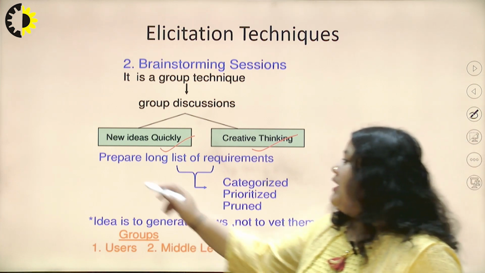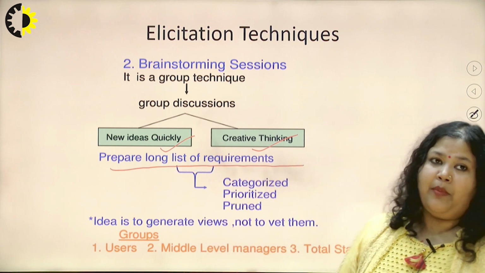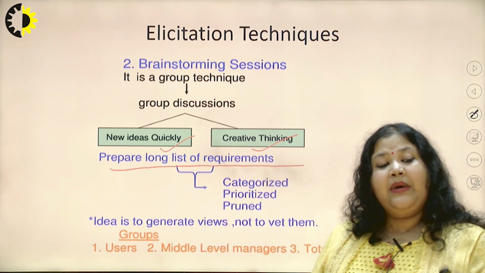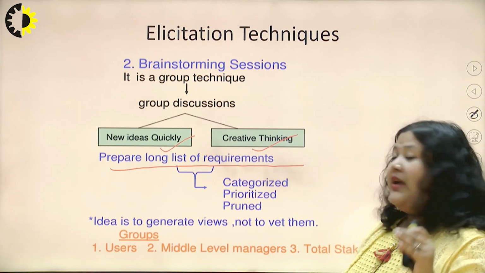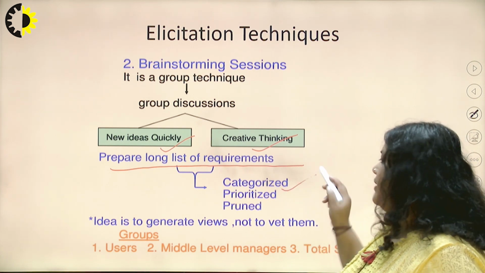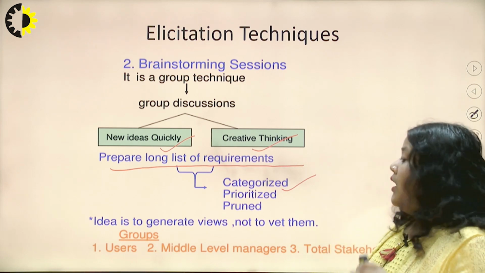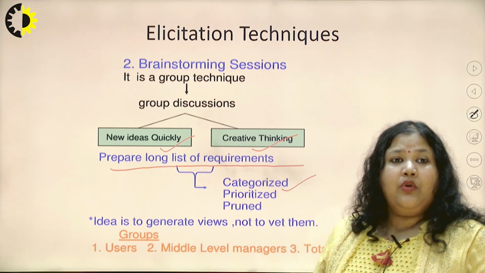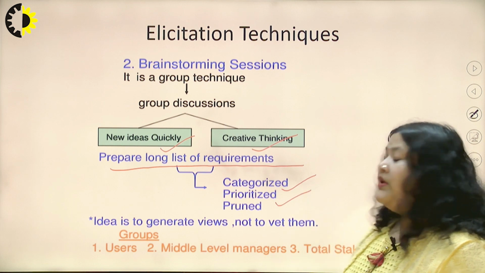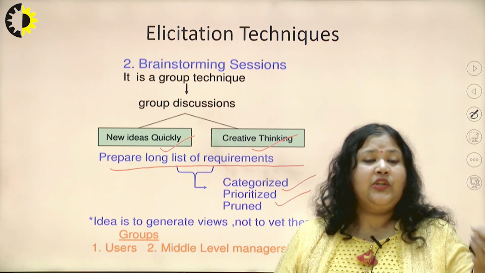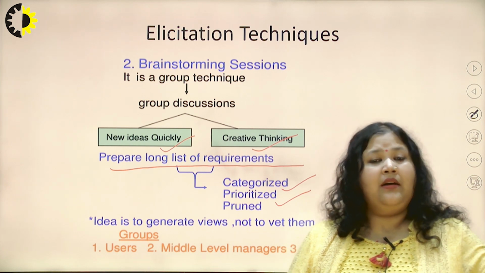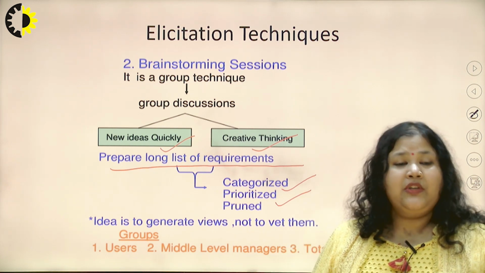So basically it prepares a long list of requirements. Those requirements are found for that particular system. Then we have to categorize these requirements, and the categorized requirements are prioritized: which requirement is very important, which has the highest priority, which has the lowest priority.